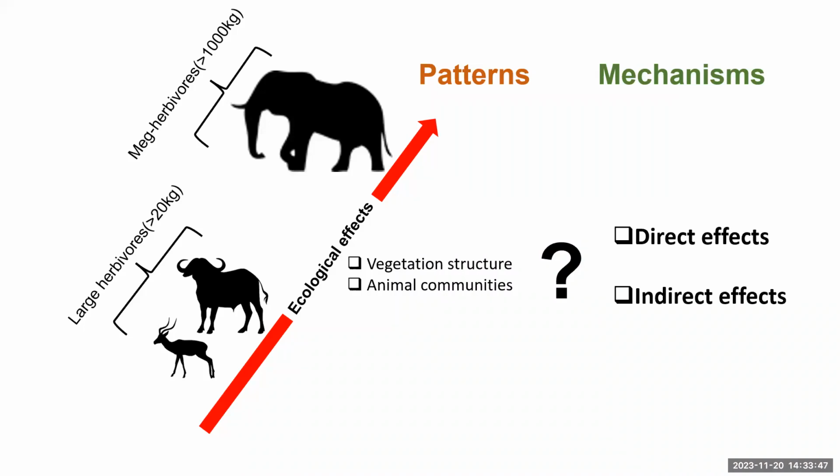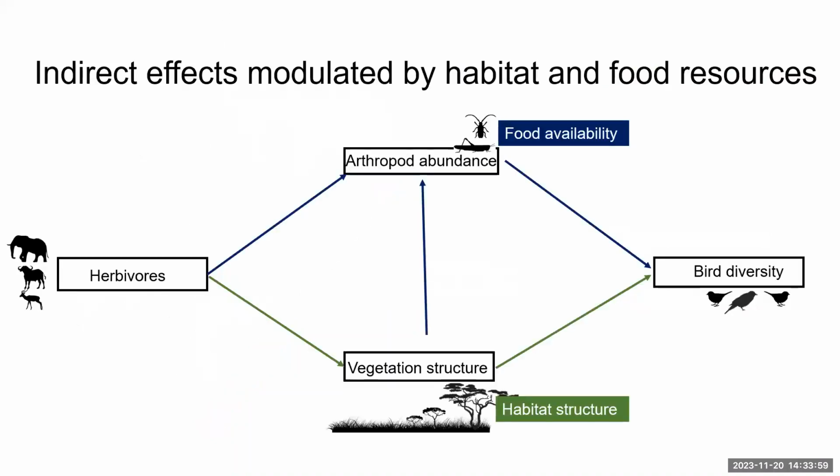One way to think about those potential mechanisms is through investigating direct and indirect effects of large herbivores. Specifically, we can think about indirect effects in terms of change in habitat structure or change in important resources like food.